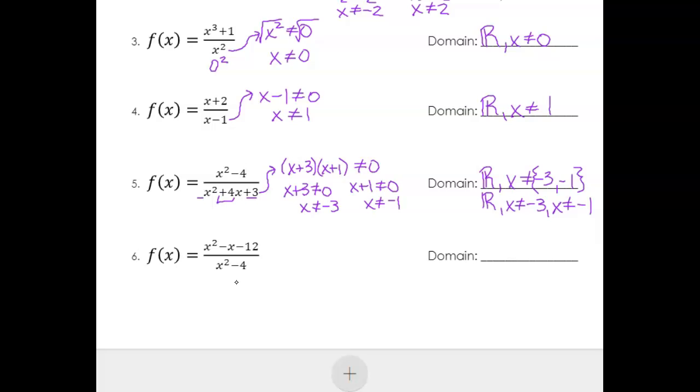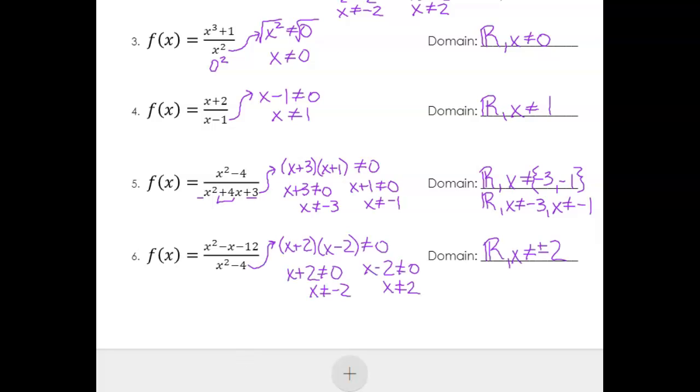Number 6, I'd like for you to try on your own. Look at the denominator, decide what values make the denominator 0, and write your domain without those values in it. So pause your video and try number 6. Check back for your answer. In number 6, the denominator is a difference of squares. The square root of x squared is x. The square root of 4 is 2, plus or minus 2.